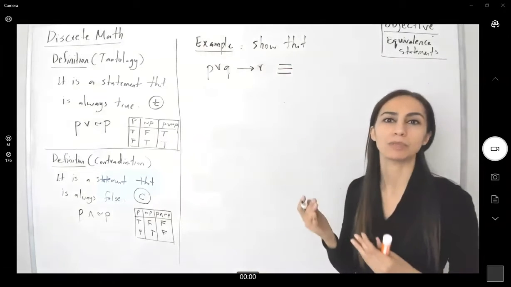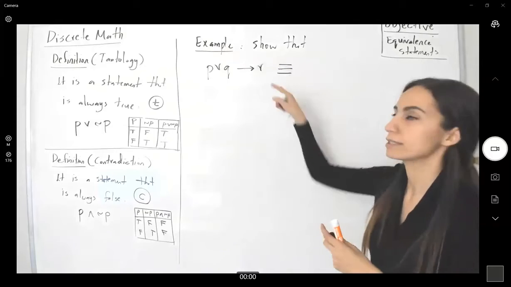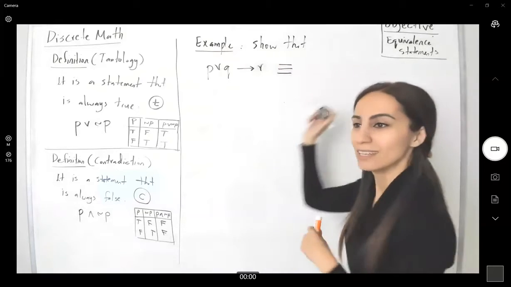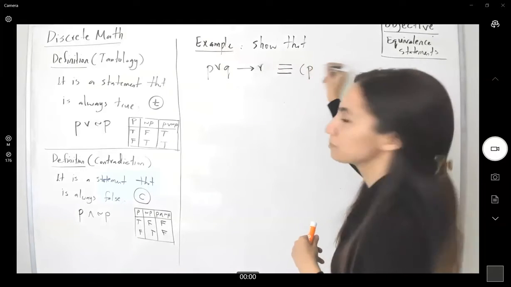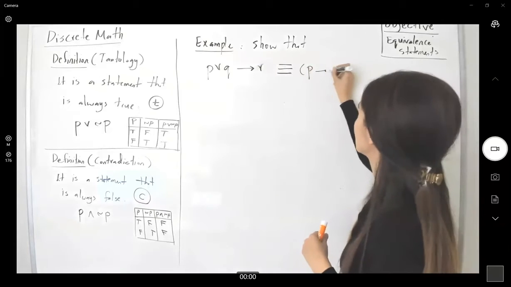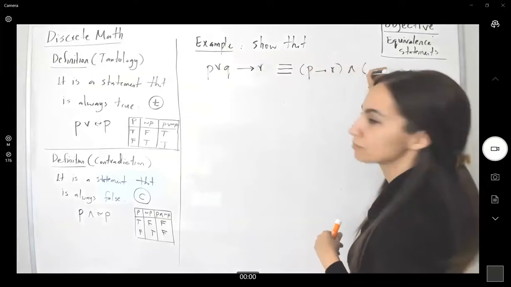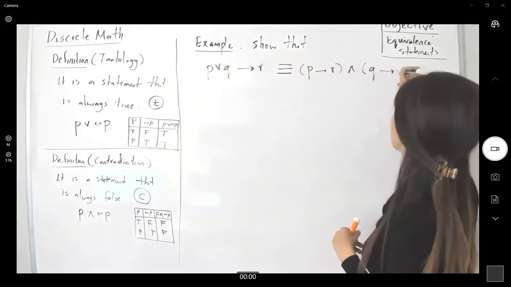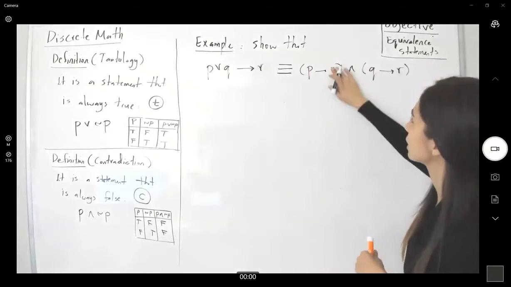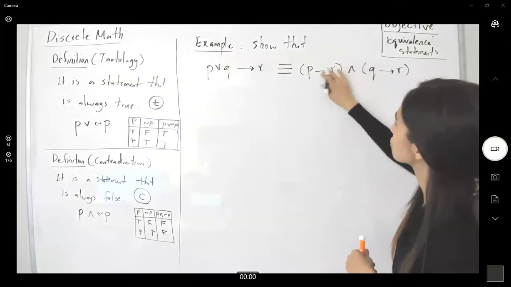They have the same meaning. So equivalence, or they are equal to: P then R, and Q then R. Suppose I ask you to show this.